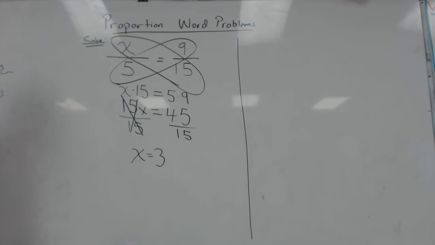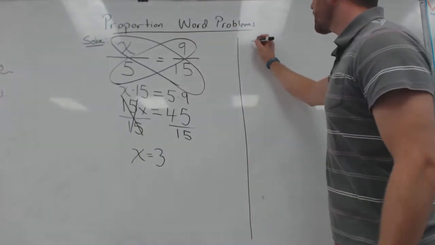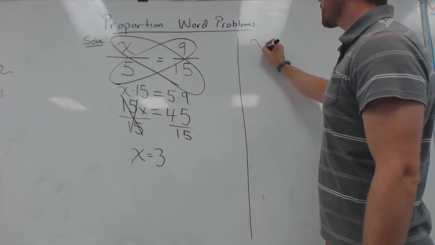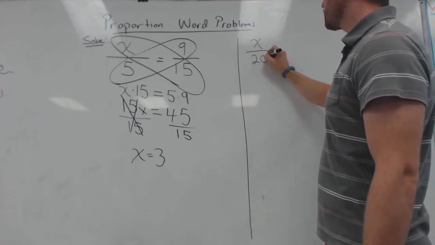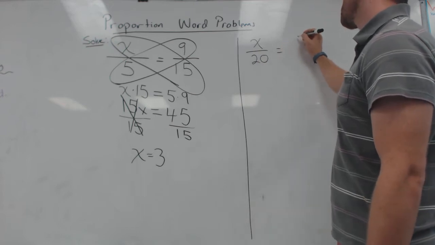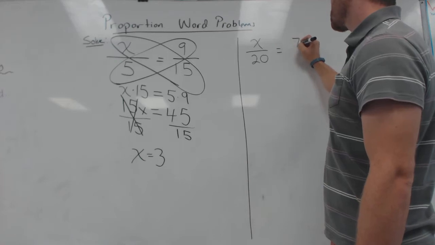All right. Let's do one more example like that. Say I had x over 20 equals 7 over 5.